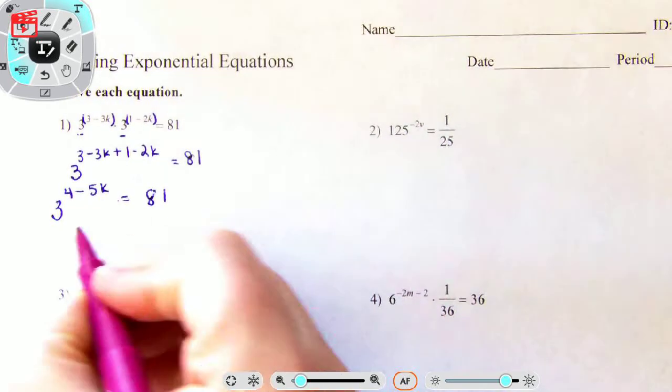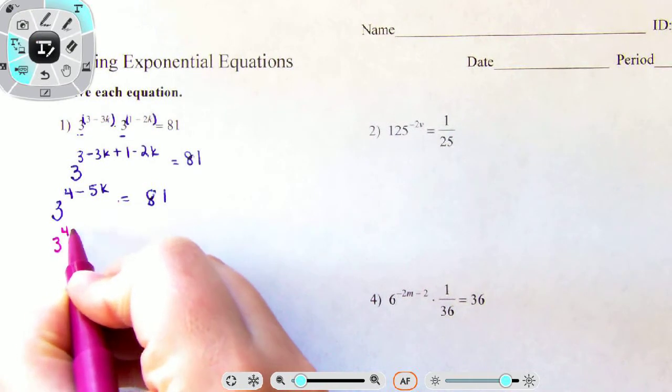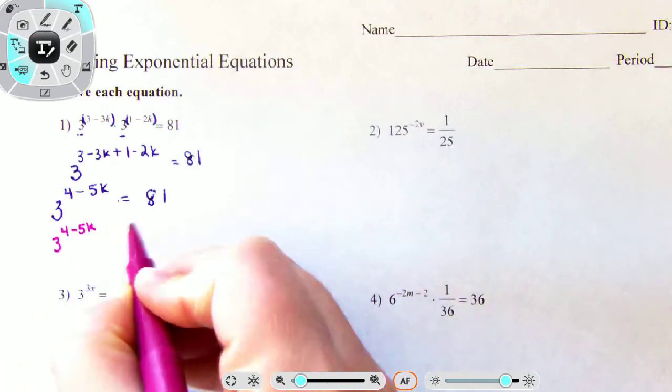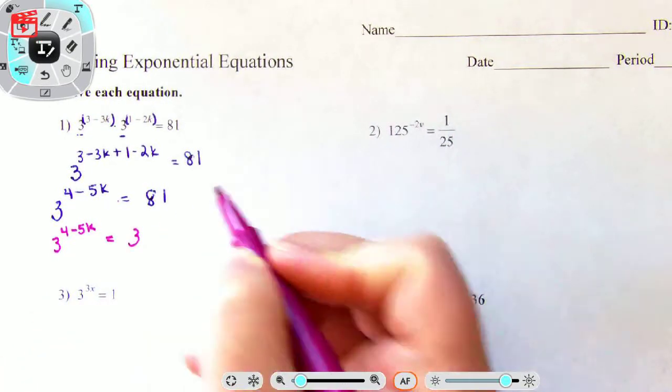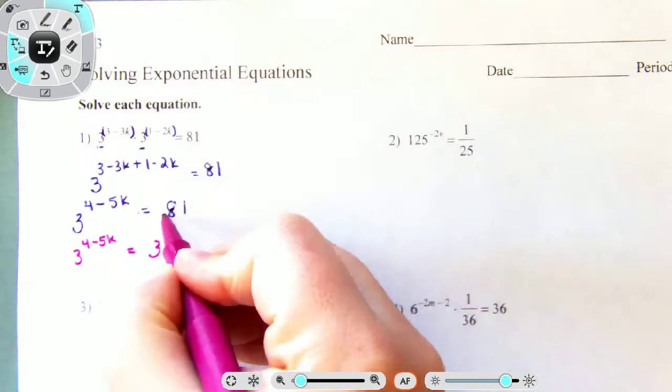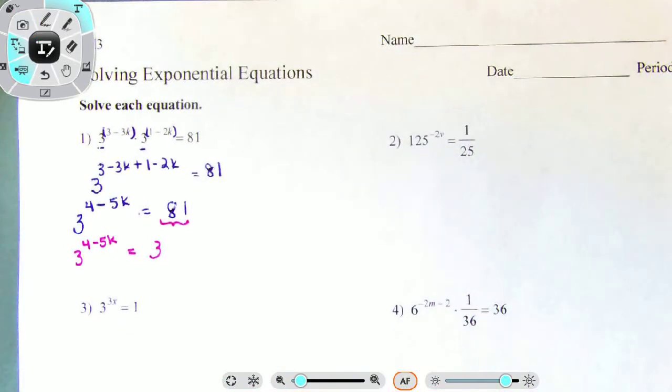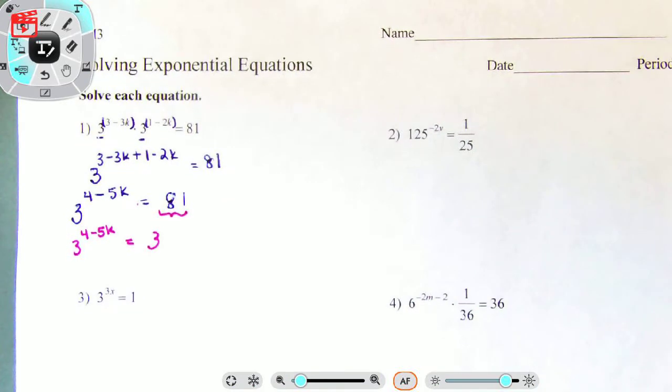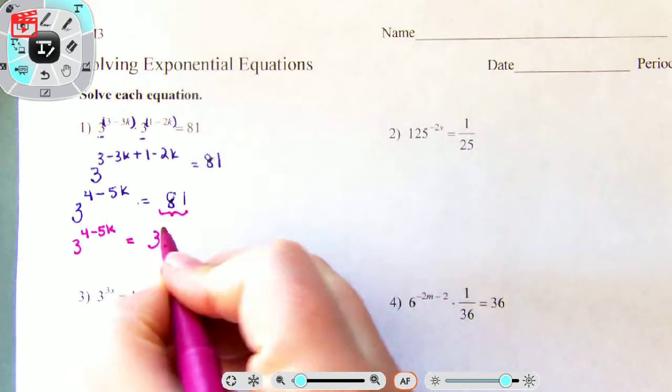But what we're trying to do is we're trying to get 3 to the 4 minus 5k power equal to 3 to something power. So we want to rewrite 81 in terms of a base of 3. So 81 is, let's see, we know it's going to be 3 to the 4th power.